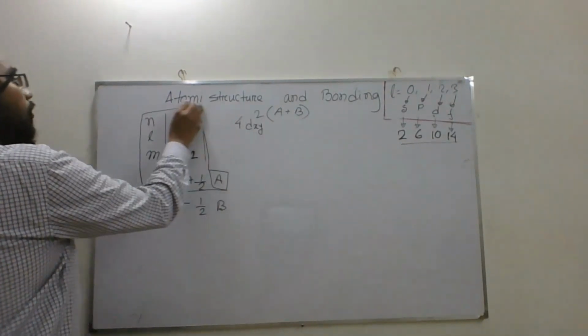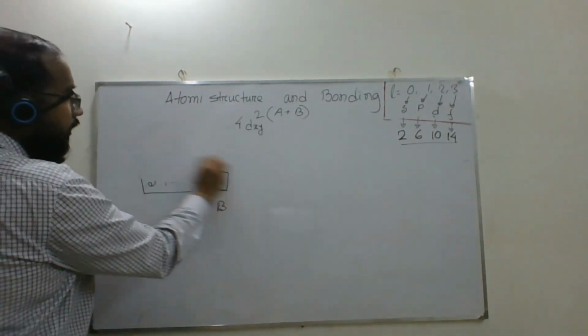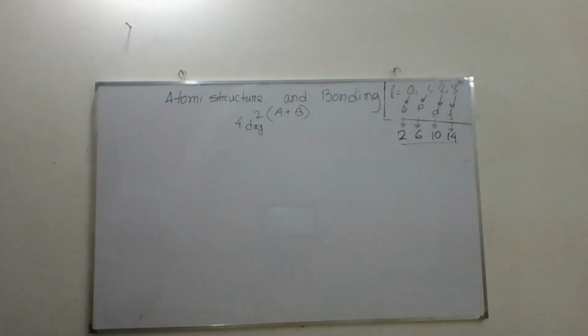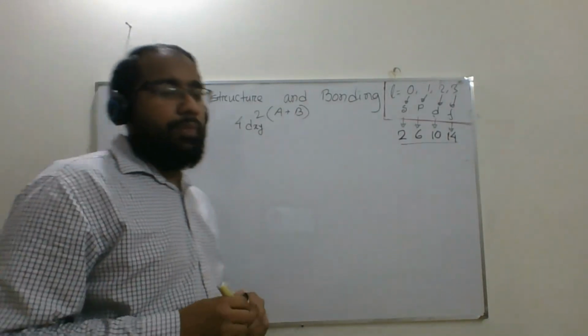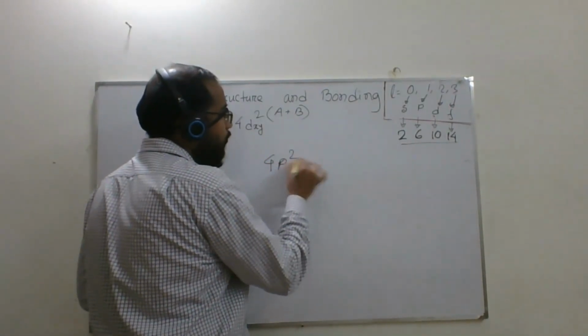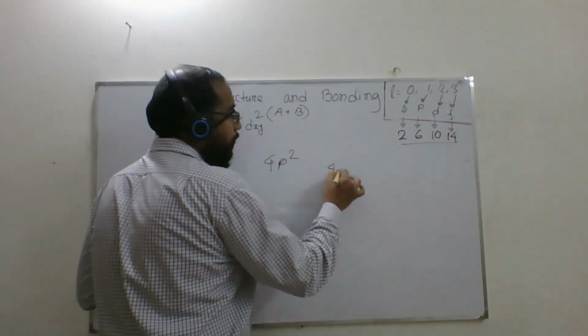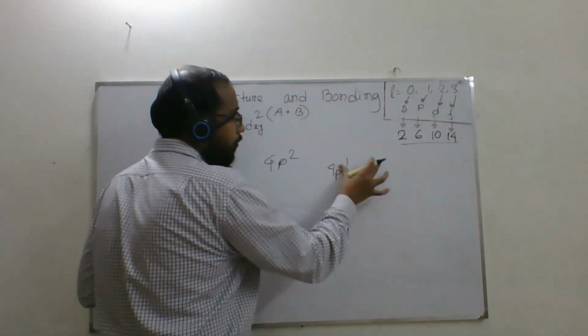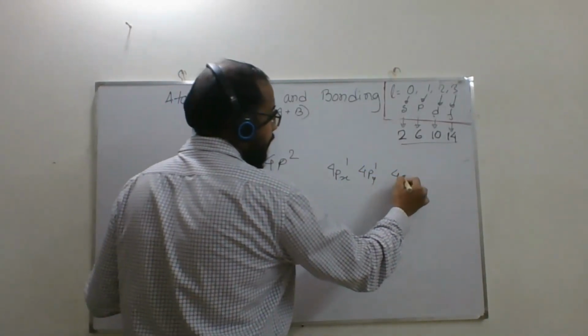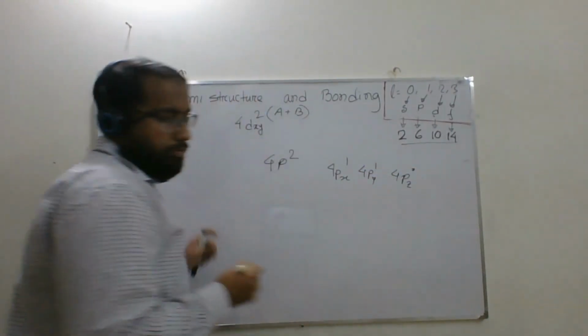And what does Hund's rule say? Hund's rule says that when electrons occupy orbitals, they occupy the highest number of unpaired states. That means if there is 4p2, then one electron goes to 4px and one to 4py, and 4pz will be 0.